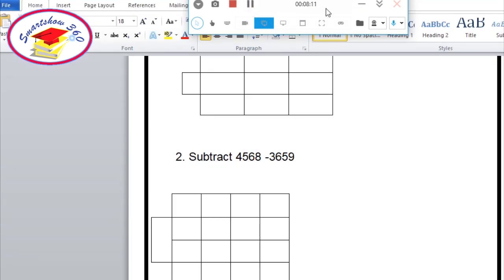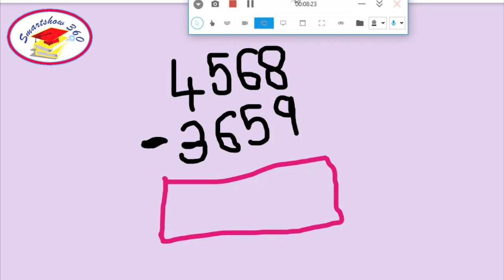Let us go to our second question here. Subtract 4568 minus 3659. Now, let us take a look at the sum and let us find the difference of the sum. Now let's start. 8 minus 9.